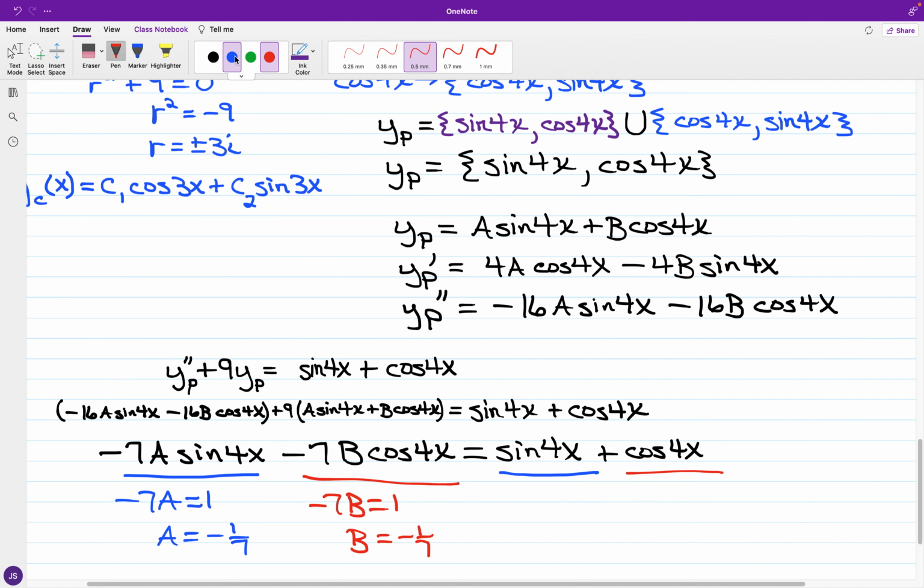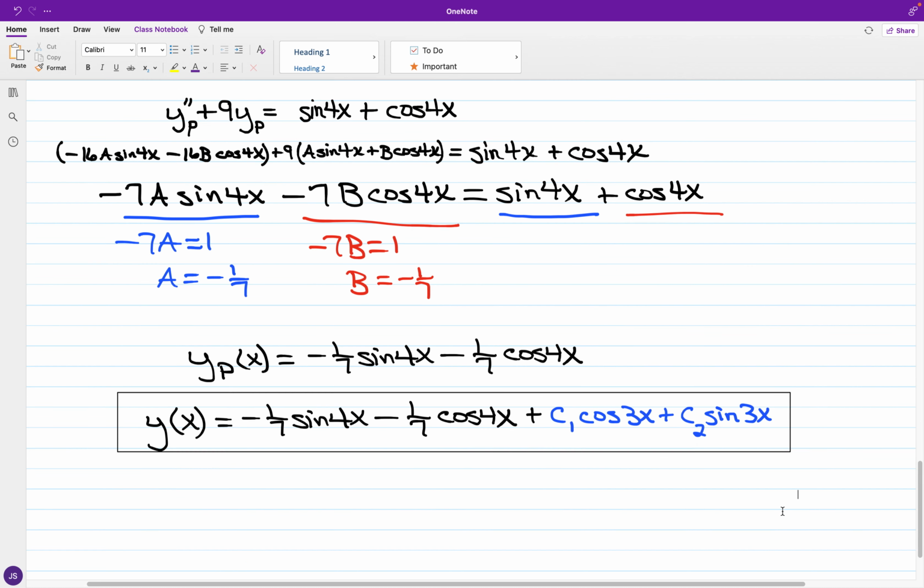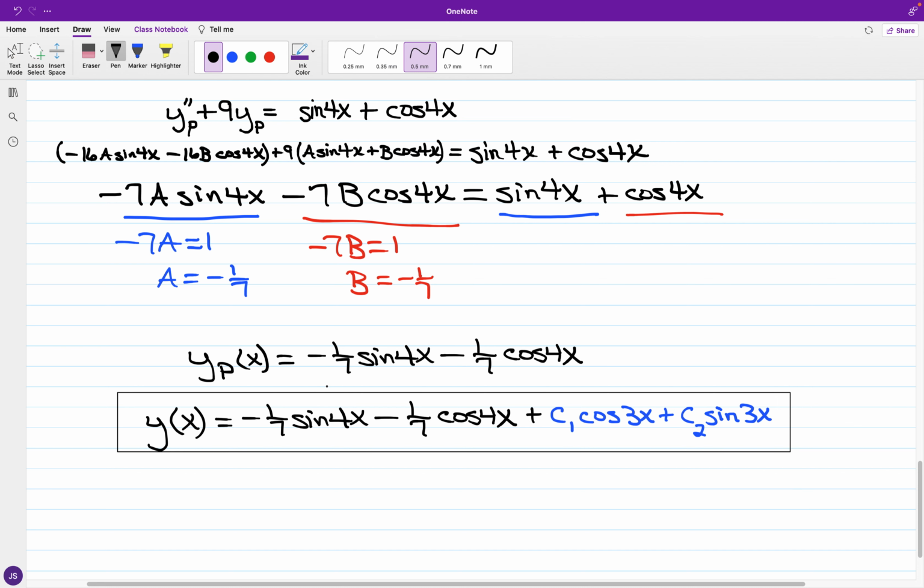Taking these coefficients, with a and b both at negative 1/7, going back to the particular, we have negative 1/7 of the sine of 4x minus 1/7 of the cosine of 4x. And for the whole unabridged solution, in the general case for y of x, you combine the particular with the complementary, and so we have these 4 terms in the end result.